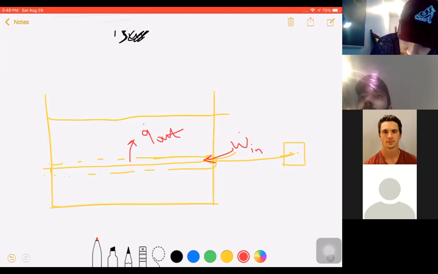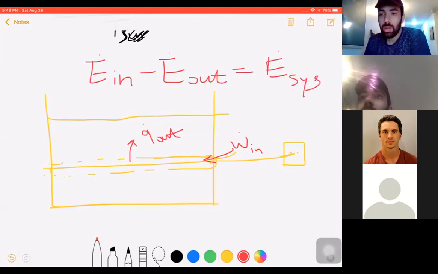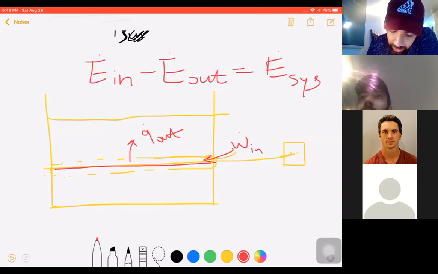So basically, if you write your energy equation, if we consider that there is no leakage or loss in terms of energy, all of the energy that is coming to this wire should be transferred out to the liquid.